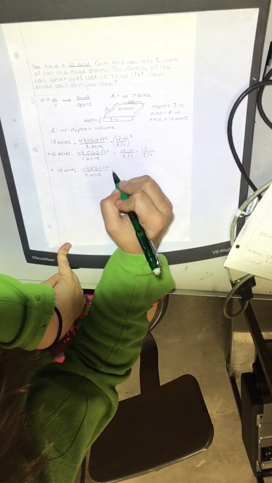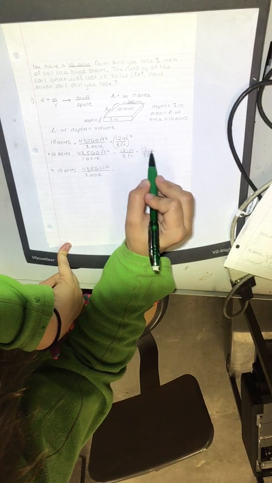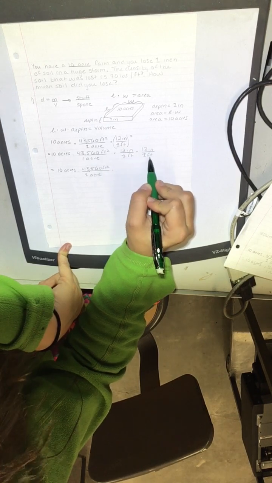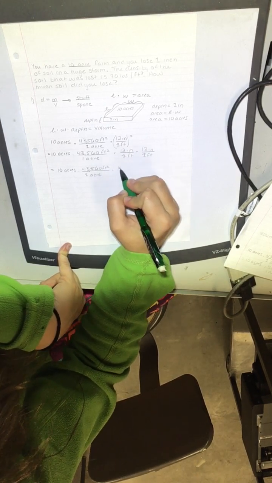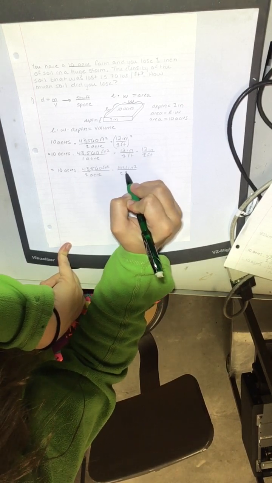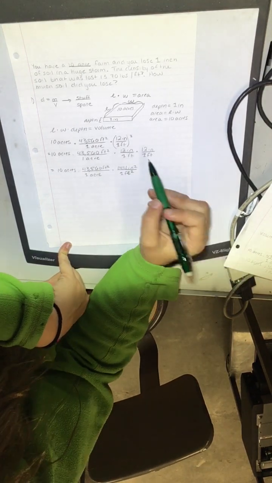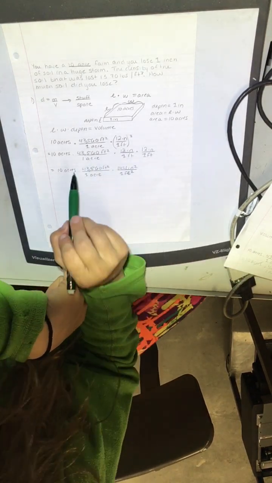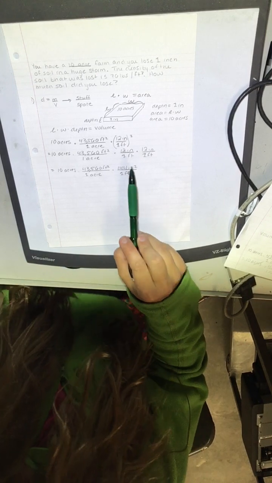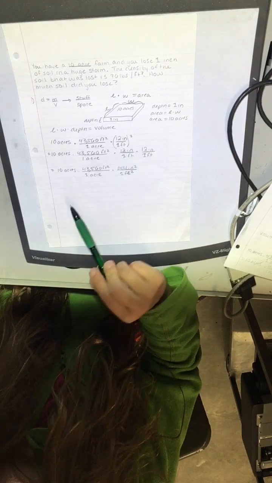So when we multiply this out, 12 times 12, 1 times 1, inches times inches, feet times feet, we're going to get 144 inches squared over 1 foot squared, right? And that's because whenever you are multiplying anything out, you always have to multiply your units by each other as well.